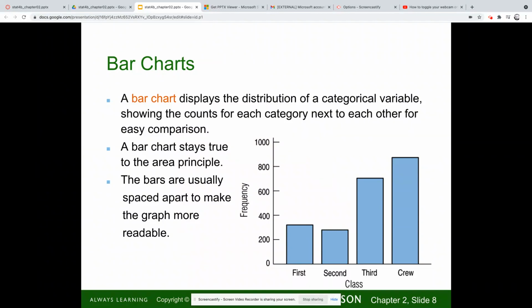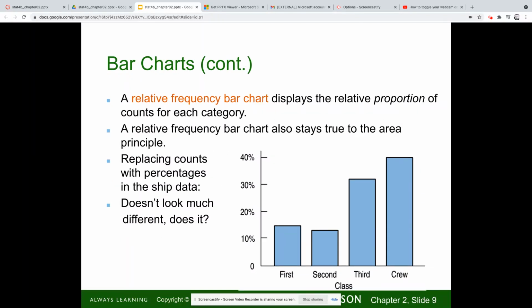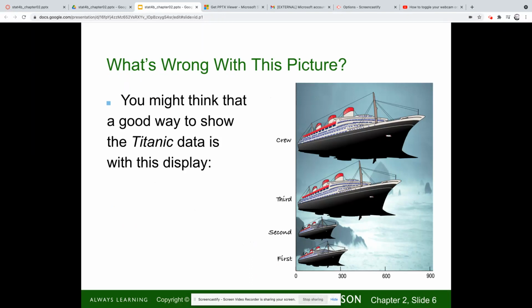The bars are usually spaced apart to make the graph more readable. Okay. So I can see second class was the lowest one and the crew was the highest one. But I can also see that first, second, and third class passengers were way more than the crew if I just think for a second. I can't make that distinction with the ship graph.